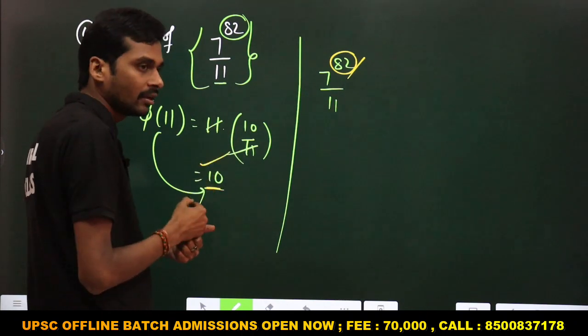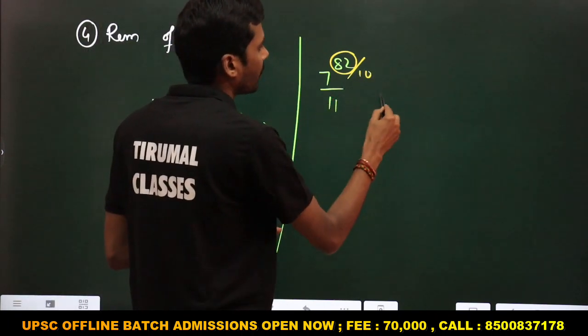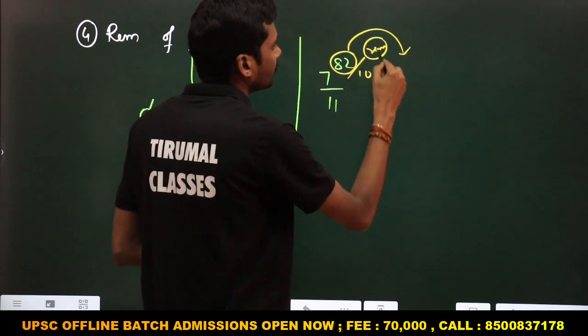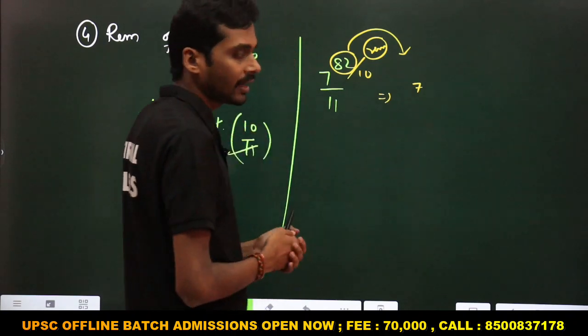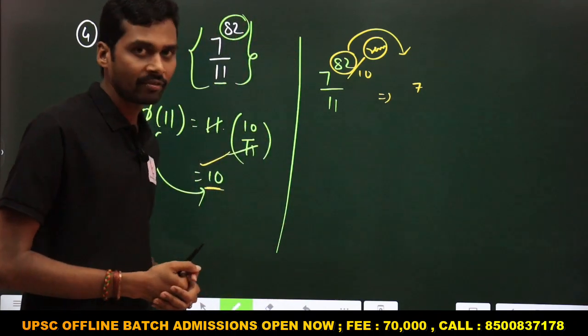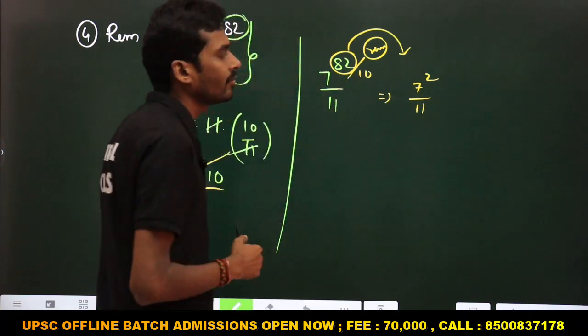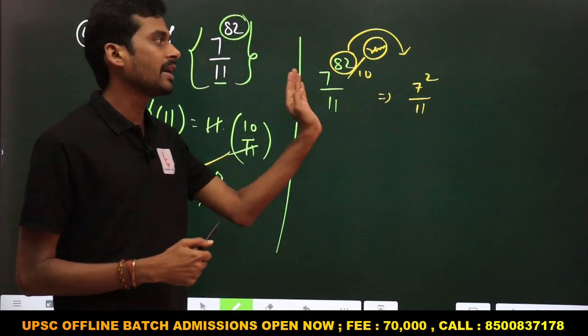What is the totient we get? 10. So divide by 10. Now write down the remainder of 82 by 10. What is the remainder we get? 2 only. 10 eights are 80, remainder is 2.